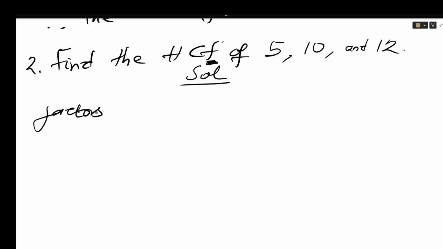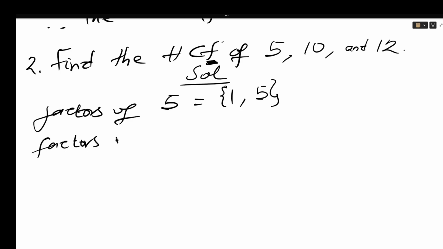So factors of 5, we have, yes, you are right, 1 and 5, because 5 is a prime number. Factors of 10, we guessed it right. We have 1, 2, 5.